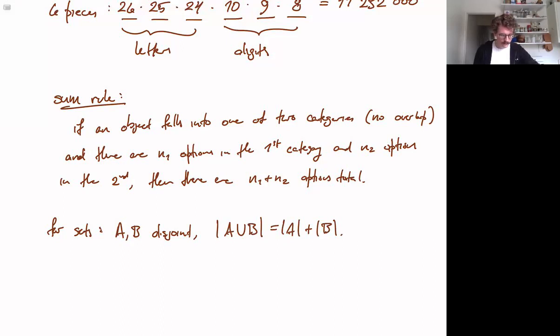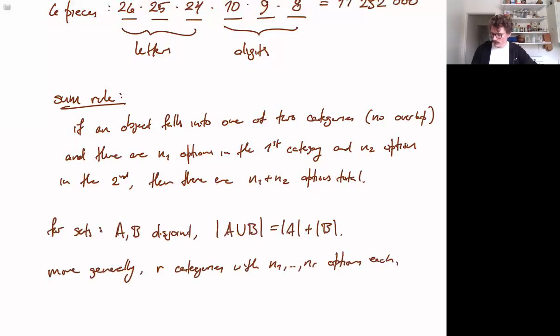And again, more generally, we have an exactly similar situation with more than two things. So if we have a bunch of categories, and we can count how many things are in each category, then we just add them up to get the total.